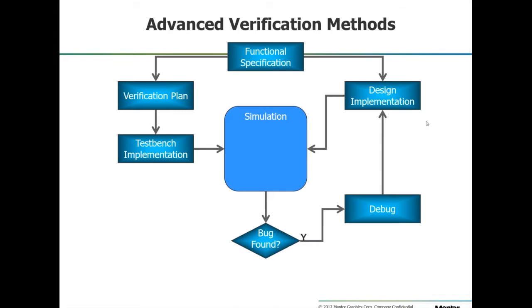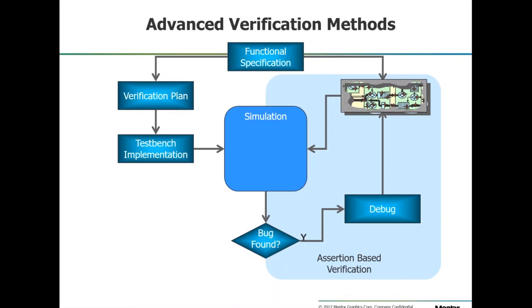So the first method that they came up with is something called assertion-based verification. And what assertion-based verification is, is that I bind assertions to different points within my design. So now I'm doing white box testing versus black box testing. I can observe any internal signal I want to with those assertions.